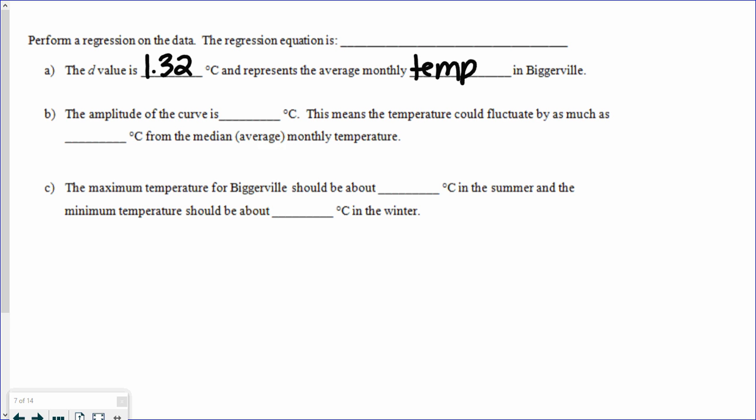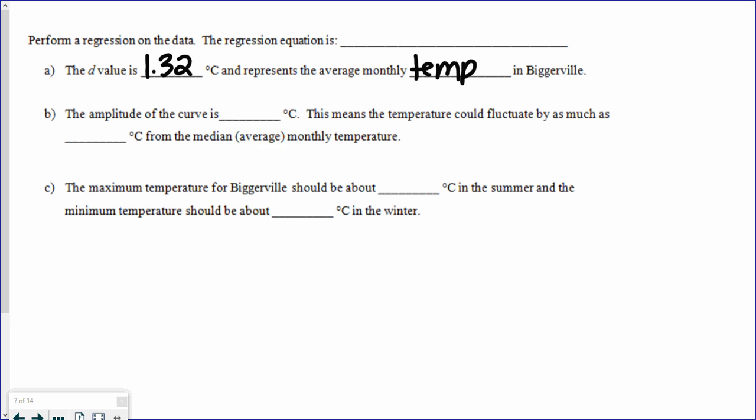So that's saying over the course of the entire year, the average temperature is 1.32, which should make sense if you're looking at it. You have some months that are minus 18, some months that are positive 21. So your average temperature is somewhere around 0, right? And that makes sense with our data.